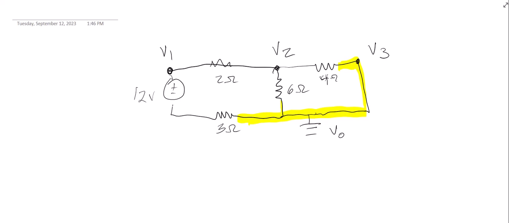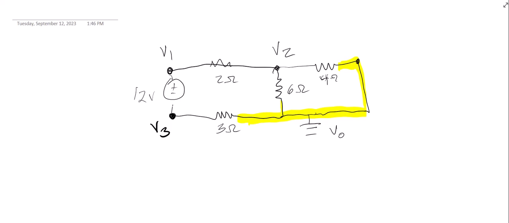So V3 has to be the same as V0. So the other voltage that I needed was not this one, but right here. And let me just make that one V3, because that one was a separate node because it is in between 2 elements. So it has a different voltage, but everything right here is at the same voltage.